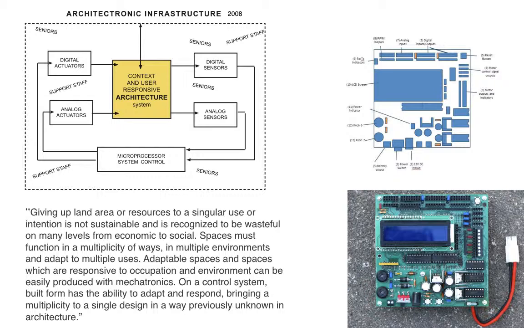The diagram to support this early work is depicted here. I think it's 8 years ago. That's quite a bit. We were designing some installation for seniors, prototyping, and the diagram I put forward consisted of analog actuators and digital actuators and sensors and a control unit, and we used microprocessors.